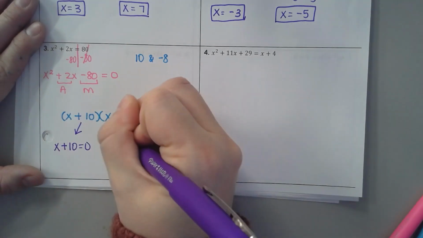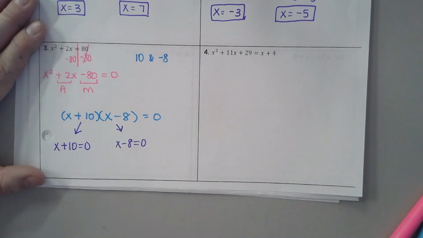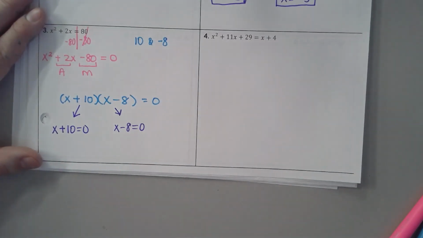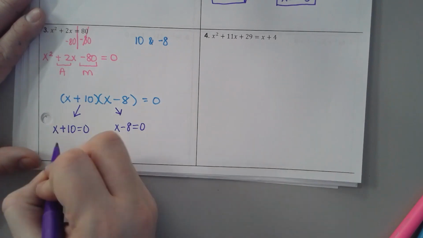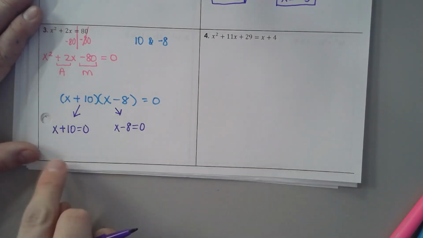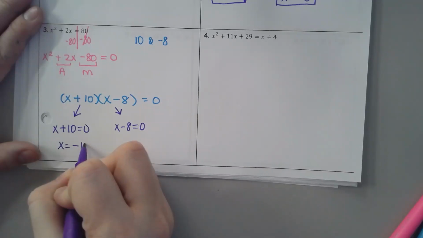X plus 10 equals 0 and x minus 8 equals 0. And one x-intercept at positive 8.